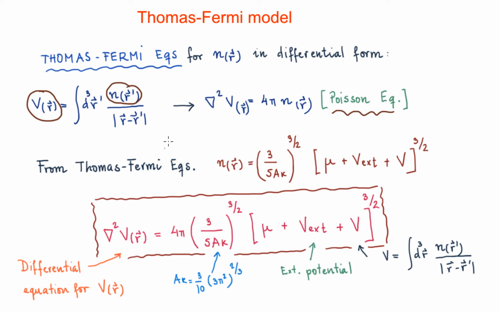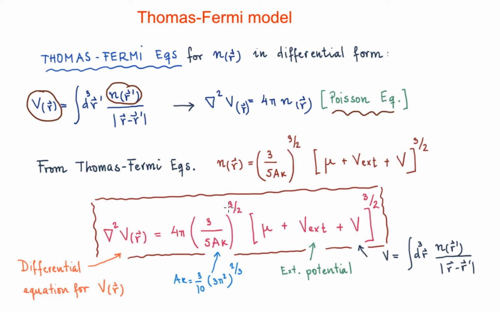The induced potential we have here is these coefficients, where this k is the prefactor appearing in the kinetic energy term within the uniform electron gas approximation. Here, it multiplies this mu, which is the Lagrange multiplier, which basically is the chemical potential, the external potential that we have to specify in order to solve that equation, plus the induced potential.